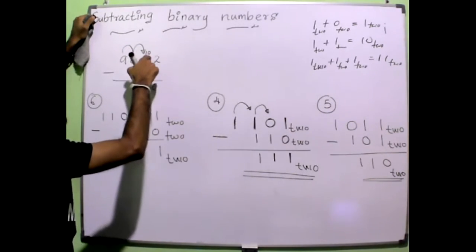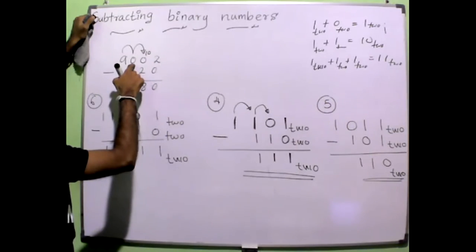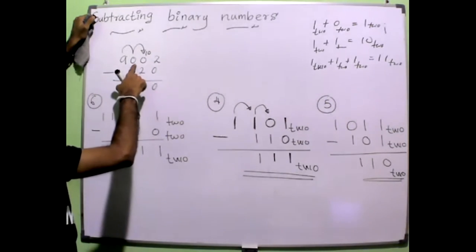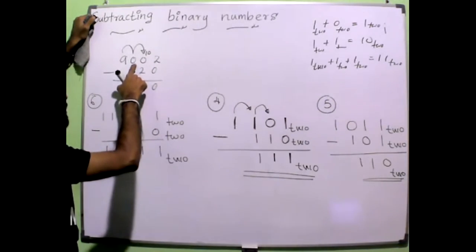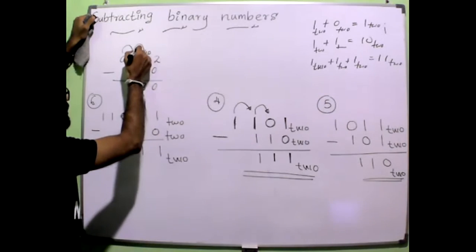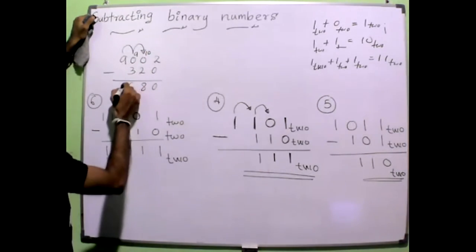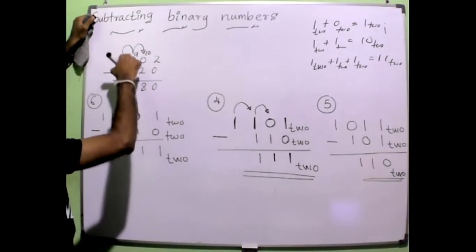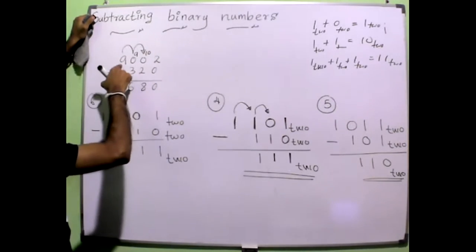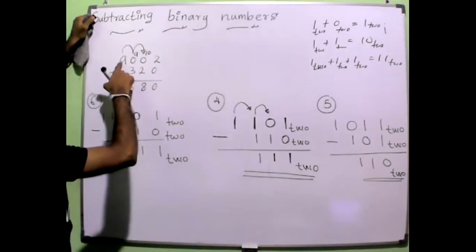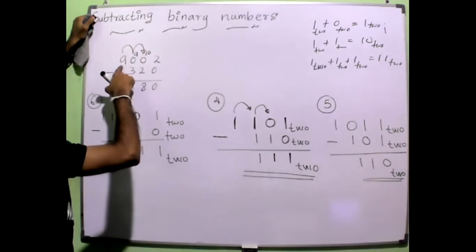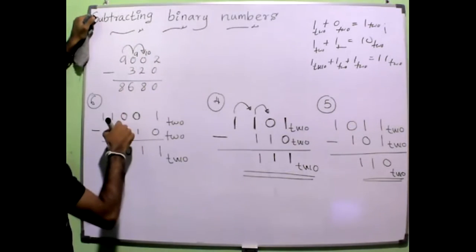So when it comes to this place, what is the number we are leaving here? We are leaving here 9, right? So 9 minus 3, 6. So here you have 8 because you have taken 1 from this place. Previously we had 9, we have taken 1, then it becomes 8.